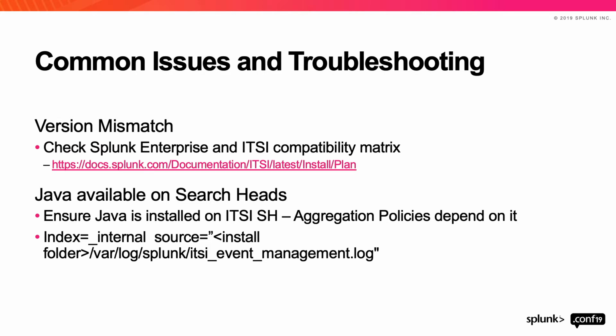So if you are running old infrastructure on your search head or your indexers, let's make sure that the version compatibility is actually in place. There are many features we take advantage of on the Splunk Enterprise platform that have to be in place for ITSI event analytics to work.